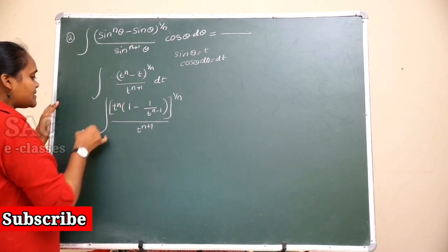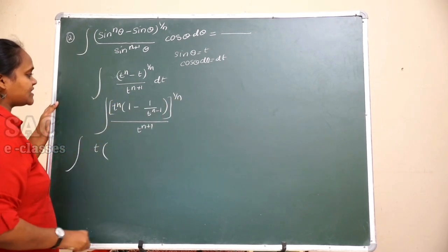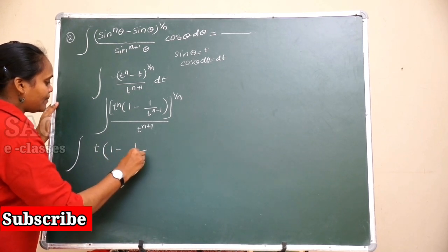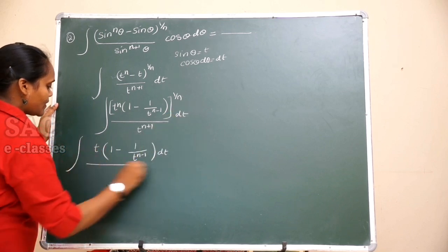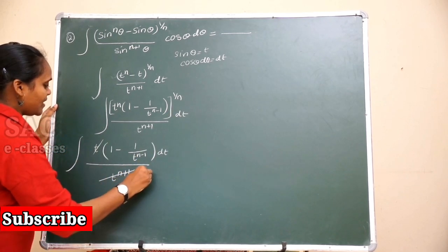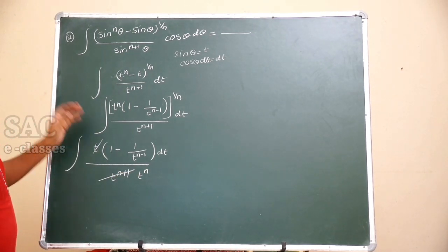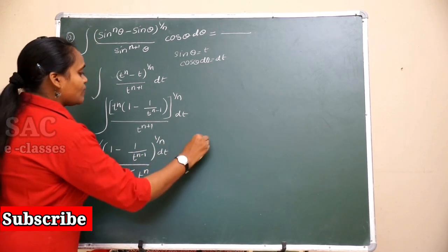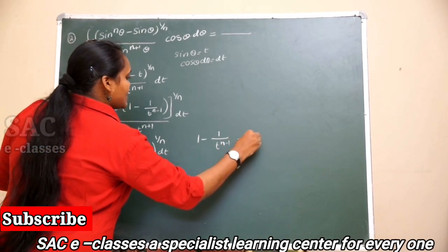But this can be split, and (t^n)^(1/n) can be written as t, into (1 − 1/t^(n−1))^(1/n) dt by t^(n+1). This can be written as t^n, even though we did not get the required form. So I am taking 1 − 1/t^(n−1), which is 1 − t^(1−n), as some r.